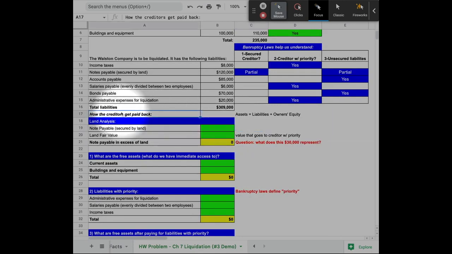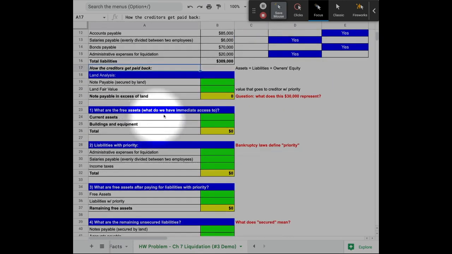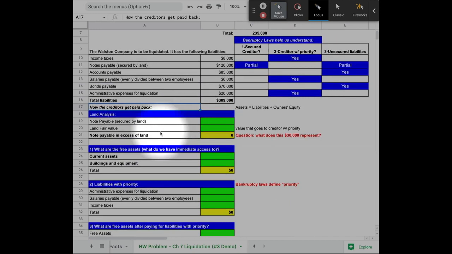Okay, so how do the creditors get paid back? The first thing we want to do, and again, we're walking through rules right now, so have your textbook open while you're doing this problem and listening to me, is walk from left to right through the secured creditors. We know that we have a note payable secured by the land, and that note payable is $120,000.